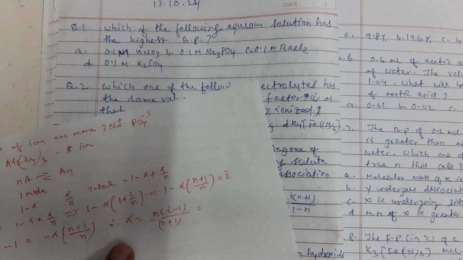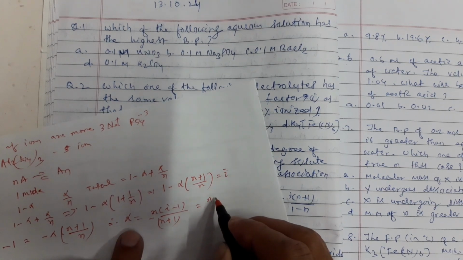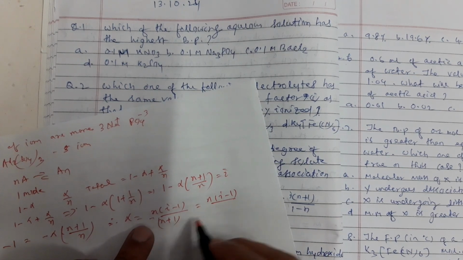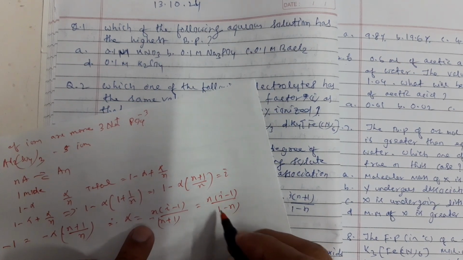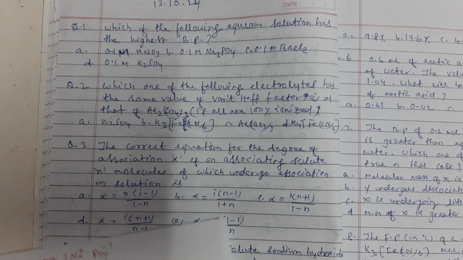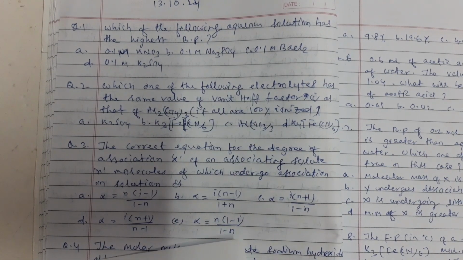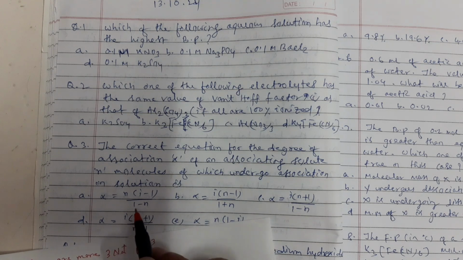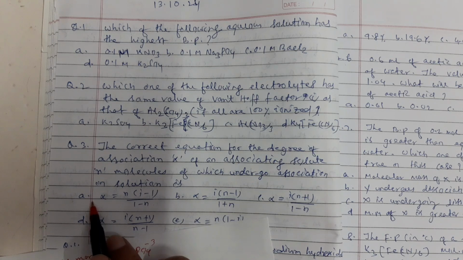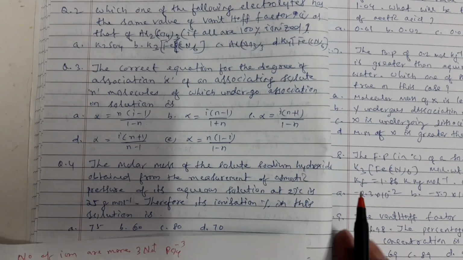The minus sign can be absorbed, so alpha is equal to n(i minus 1) divided by (1 minus n)... this choice is the correct answer. These are very simple questions.